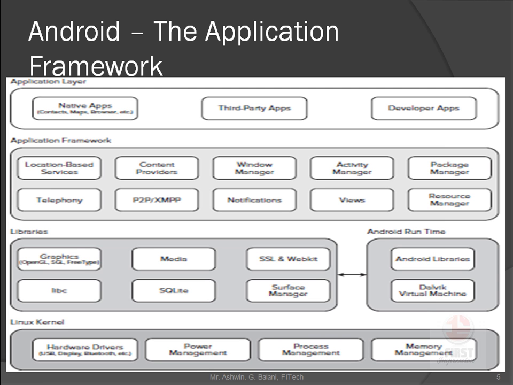And the applications which you will be developing will be developer applications. So the application layer will use the application framework. The application framework will use the libraries, and the libraries will use the Linux kernel. That is the Android application framework, or the application flow for any application on Android.